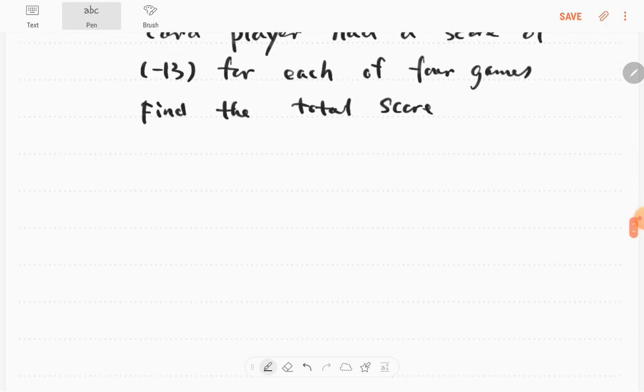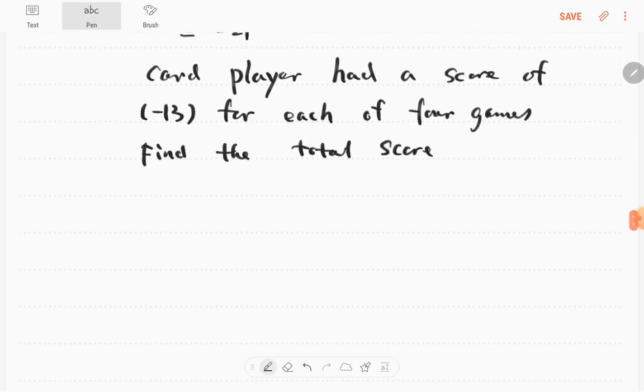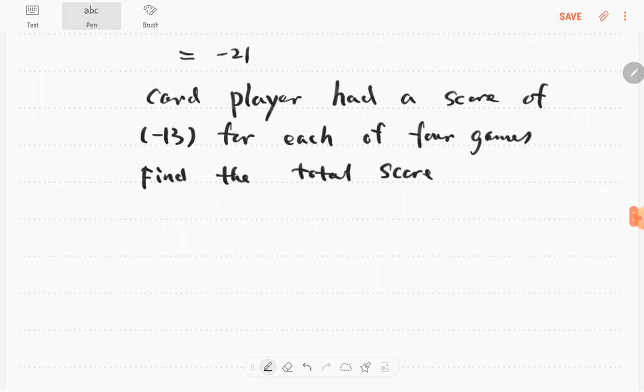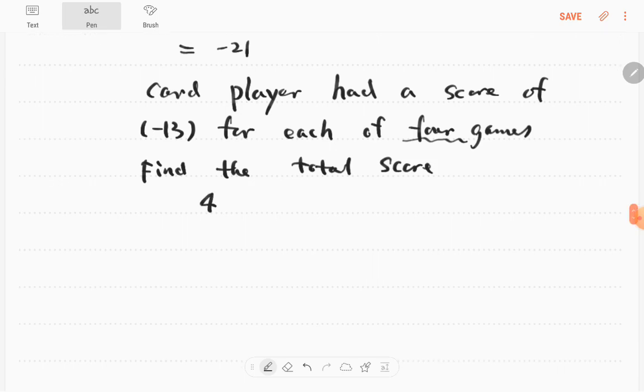So -13 for each of 4 games. So 4 times -13. So we will get -52 is our answer. Okay, that's all for 1.6.